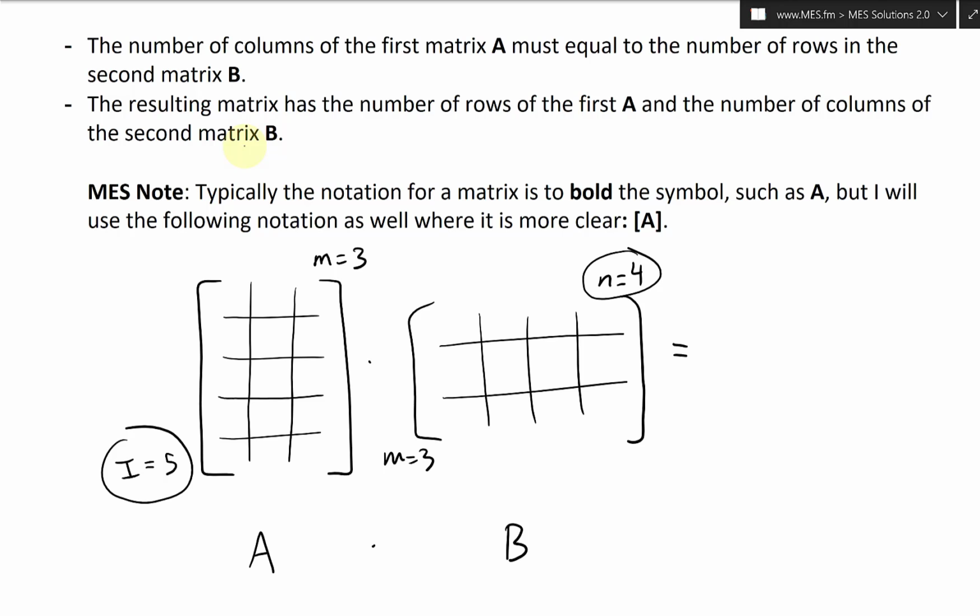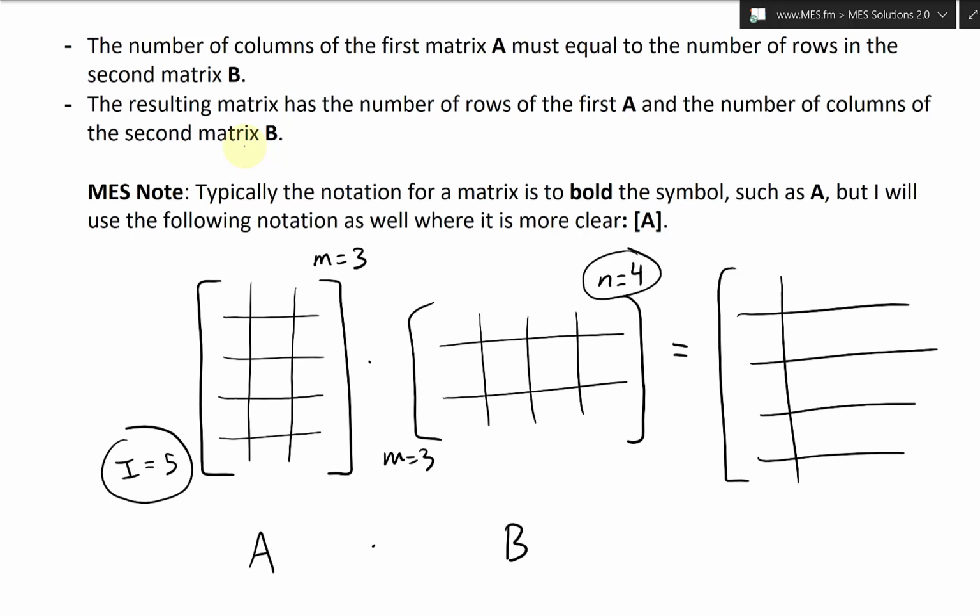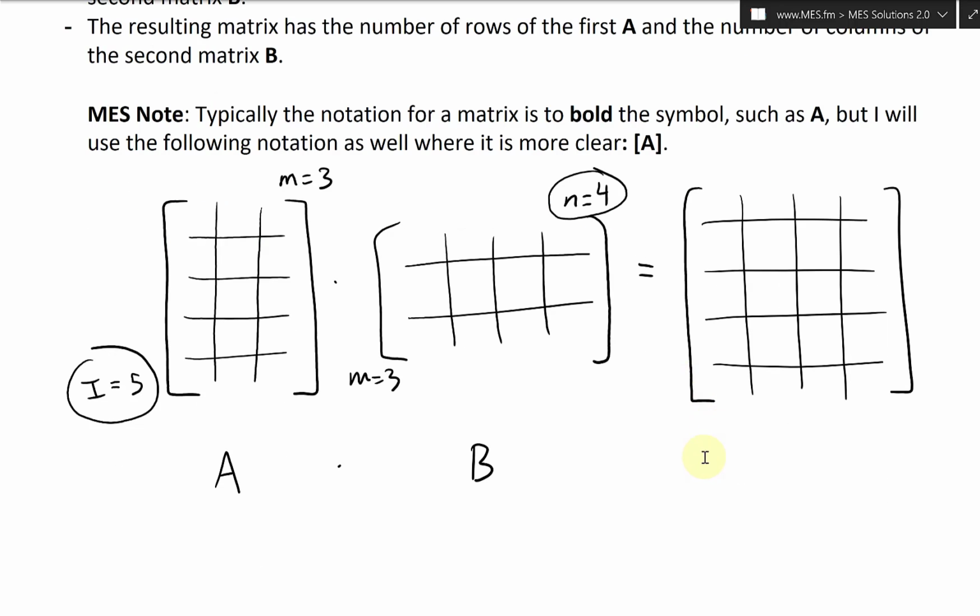So in other words, we're going to get I is 5 and we're going to get N is 4. So this is going to be 1, 2, 3, 4, and 1, 2, 3, 4, 5.